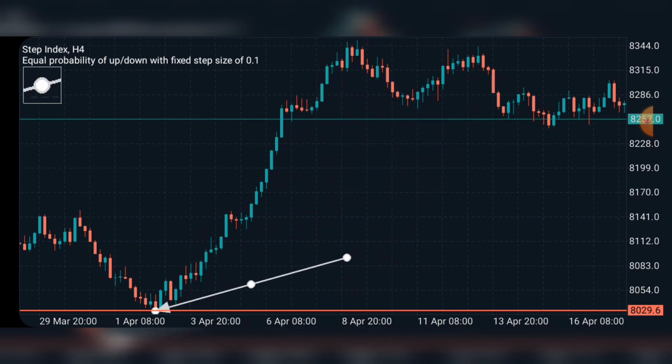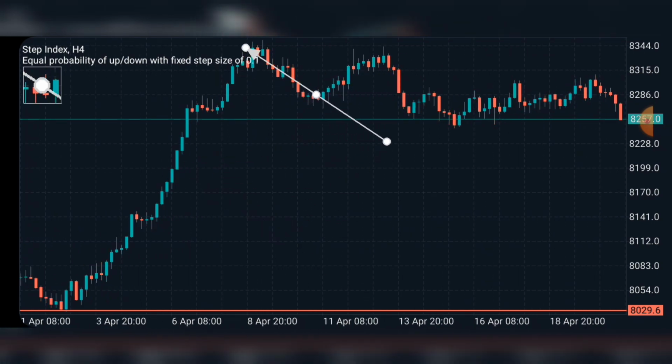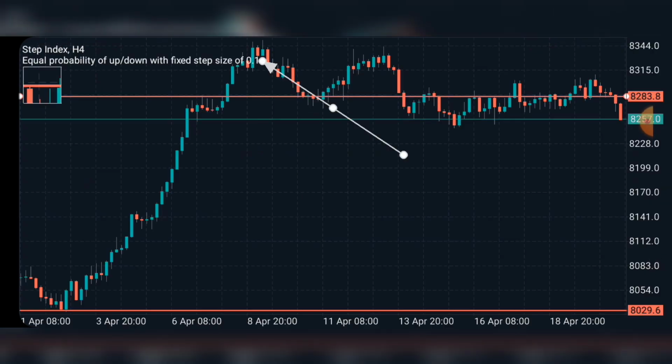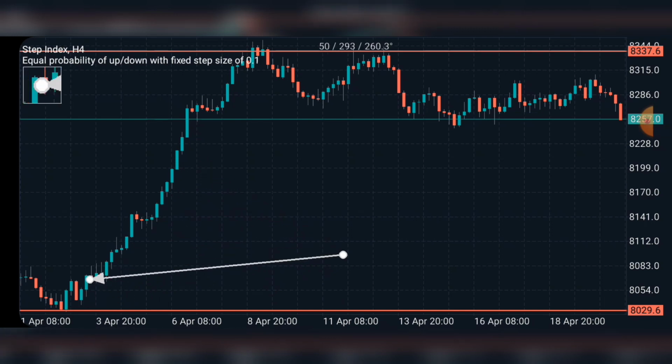So this would have been the new range that was formed from this low coming all the way up to this high, right? So let's mark the high out. So this high would have been the new range. So between this low and this high would be the range.